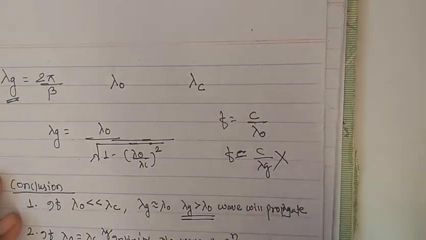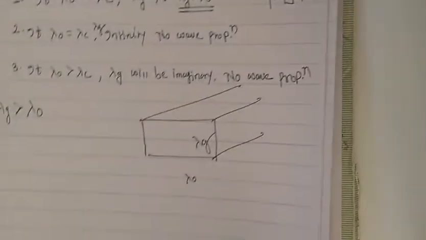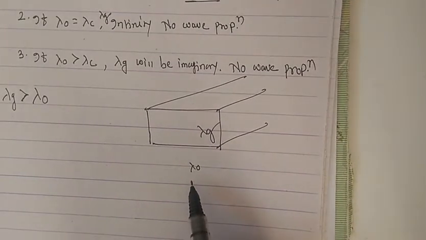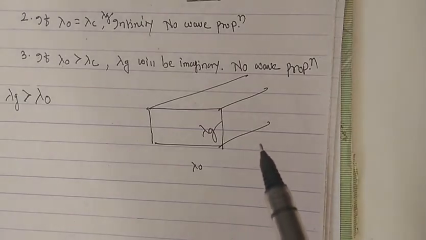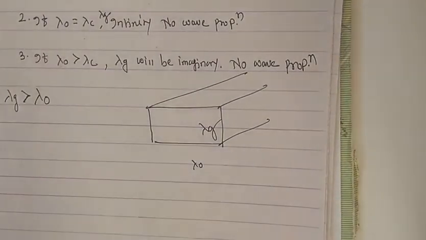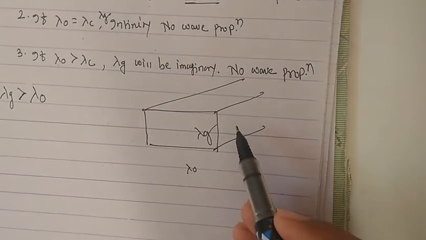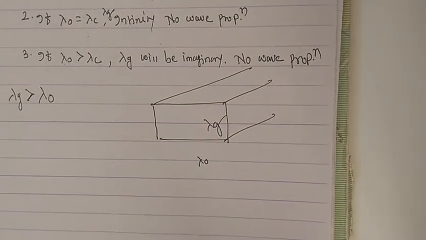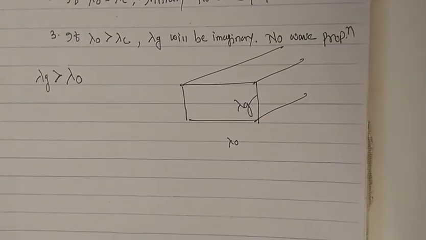This is wrong. Lambda g is the wavelength inside the waveguide and lambda 0 is the wavelength outside the waveguide. It doesn't mean that we have different frequencies of the electromagnetic signal inside and outside the waveguide. The frequency of the signal inside and outside the waveguide will be the same. The wavelength is different. So how can you understand the condition of wave propagation?